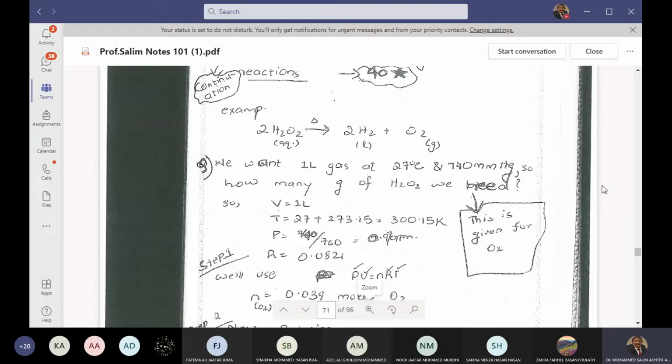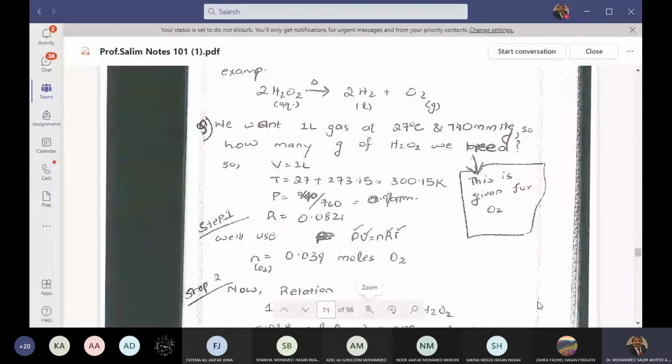Which formula am I going to use? PV equals nRT. Do I know P? Yes. Do I know V? Yes. Do I know R? Yes. Do I know T? Yes. So if I know 4 parameters, my friend, can I get number of moles of oxygen? Yes. Okay, is this number correct?